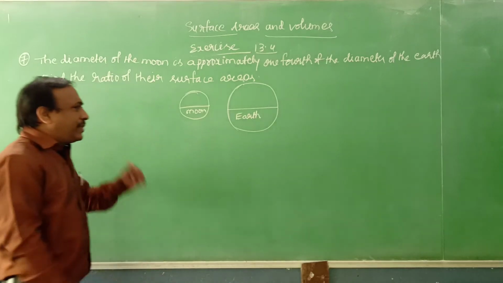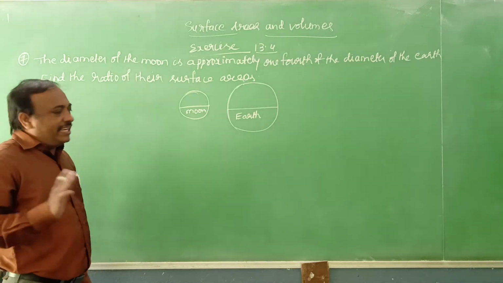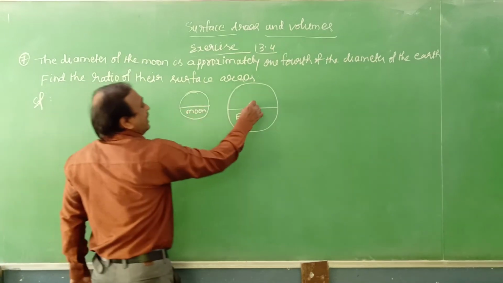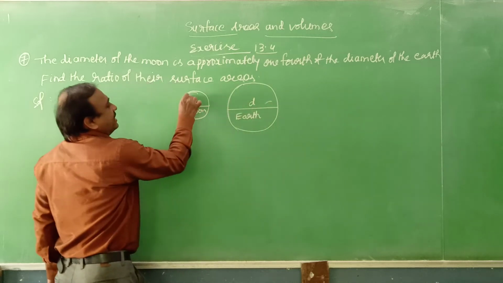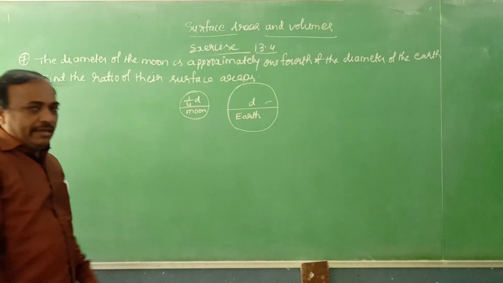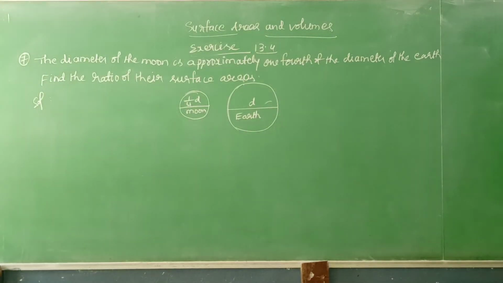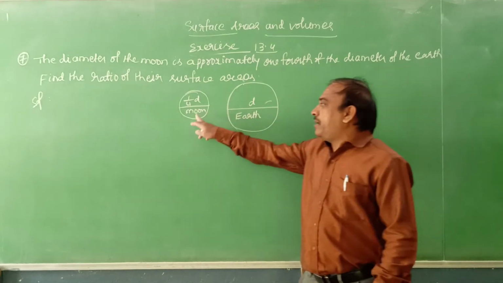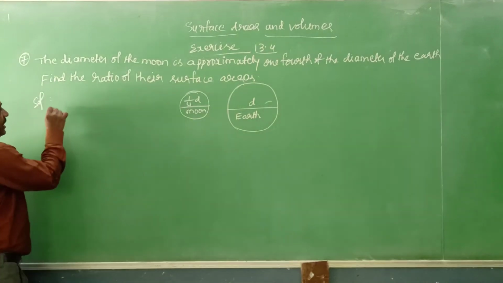If you take the diameter of the earth as d, then the moon will be 1/4 of d. So the diameter of the earth is d, we are assuming, and the diameter of the moon is 1/4 of the diameter of the earth.